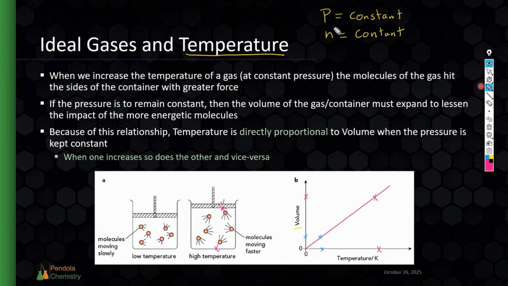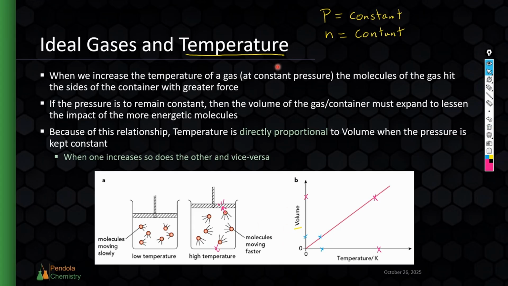And because the pressure needs to remain constant, pressure can't increase. So instead of the pressure increasing, the volume of the container increases. So that's the relationship between temperature and volume. So we saw pressure versus volume, which has an inverse relationship, and temperature versus volume, which has a direct relationship.